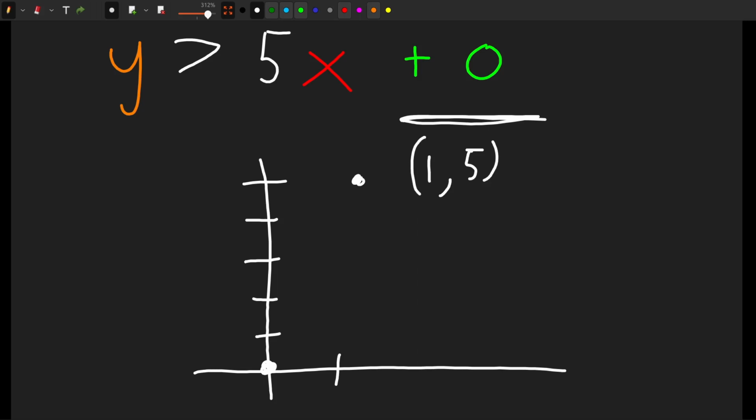Okay. Now since this is just y is greater than 5x, it's going to be a dashed line. So I'm going to switch to my light blue here, connecting my dots, and we get our dashed line. Looks something like this.